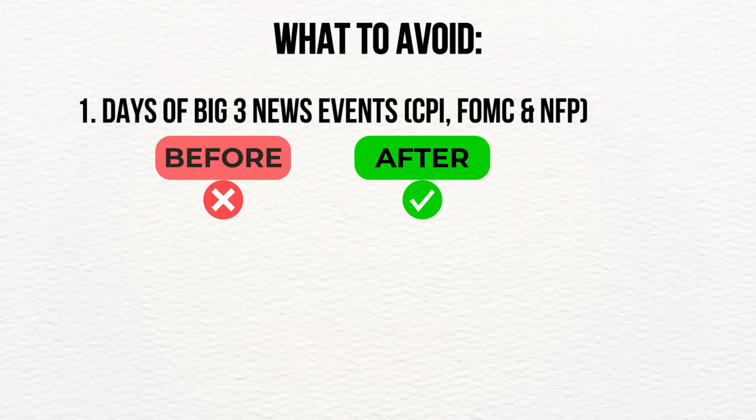The reason being, these big three news events see extraordinary volatility, and any stop loss you may have in the market is bound to get absolutely slipped to hell, and you will suffer a loss much greater than anticipated. So just don't do it. Don't be stupid. Don't trade during these big three news events. Avoid it at all costs and wait until after the news release.